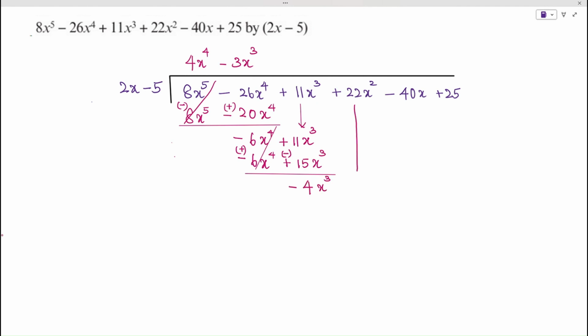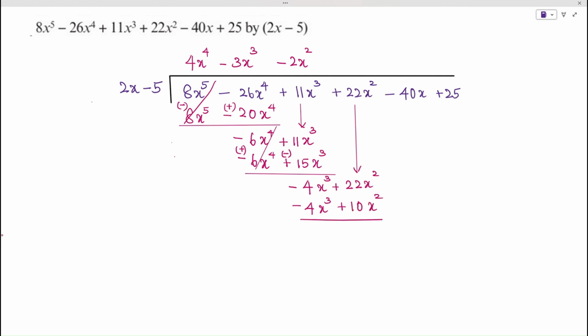We bring down our next value, so this is minus 4x cubed now, plus 22x squared, and we once again compare our 2x with our minus 4x cubed. So 2x times minus 2x squared is equal to minus 4x cubed, and we multiply that by 5 as well, so we get plus 10x squared.